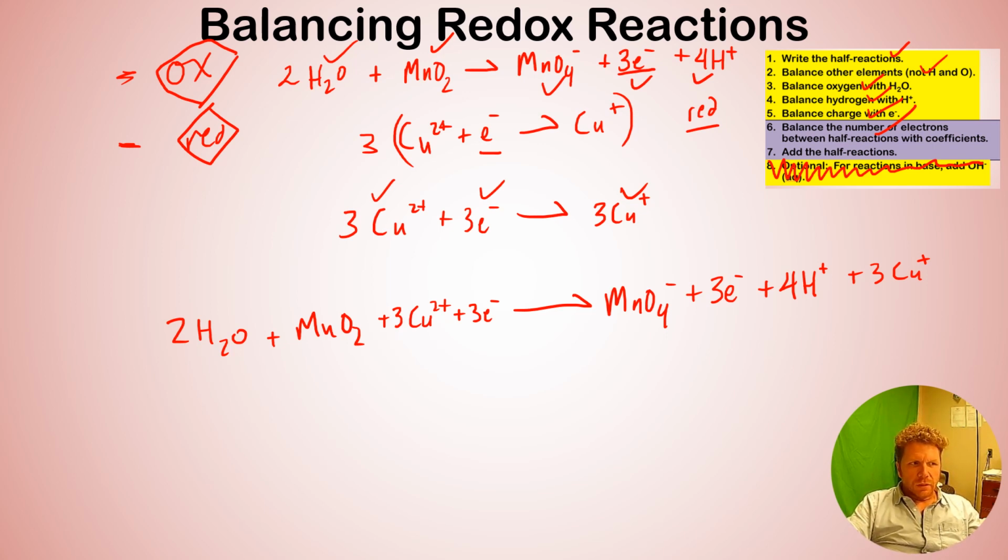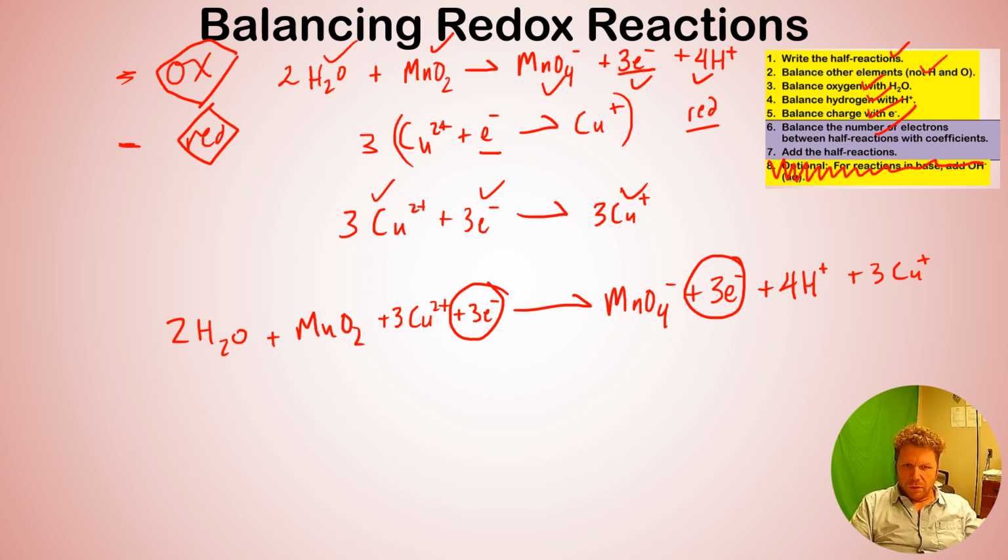So I have balanced this reaction, and the last thing that I can do is simply look at any species that are found on both sides, the reactants and the products. And you'll see this and this.